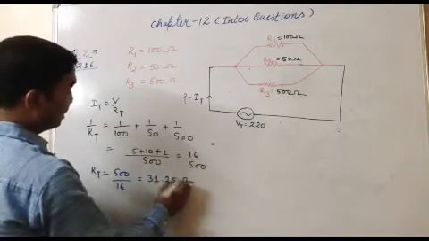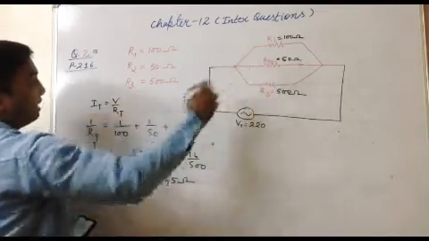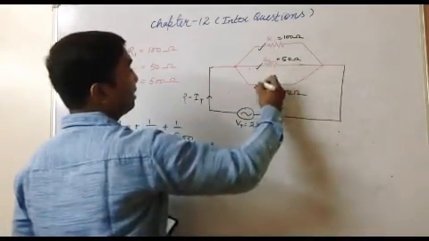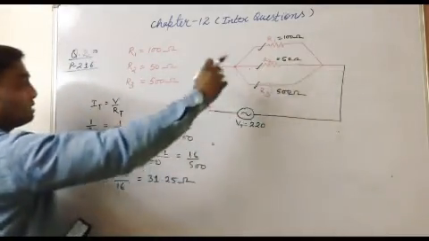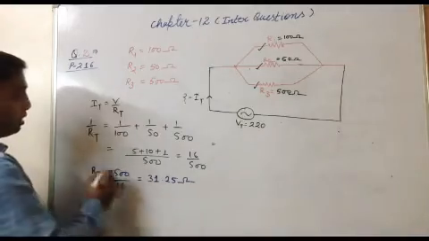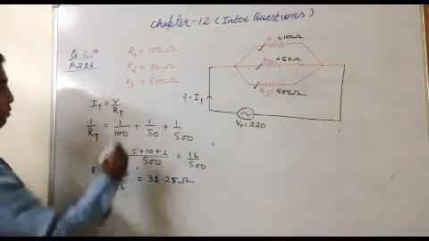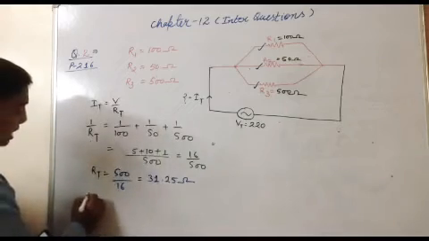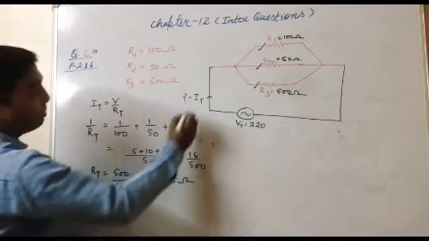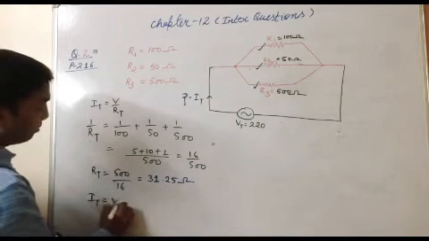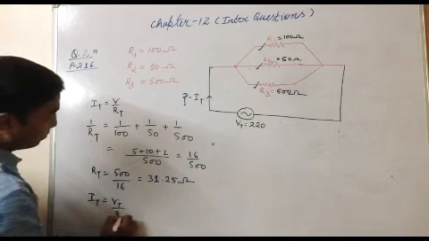Okay, so this is the resistance of all three devices, 1, 2 and 3. The resistance of this combination is this much. Now what we have to calculate is IT, the current flowing through the circuit. So IT equals VT upon RT.